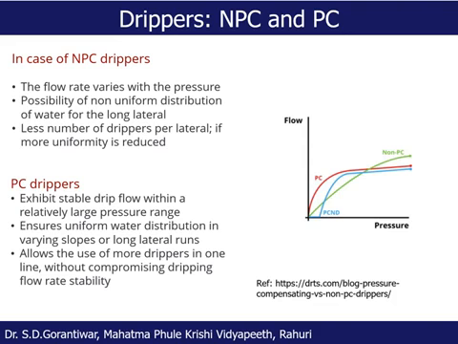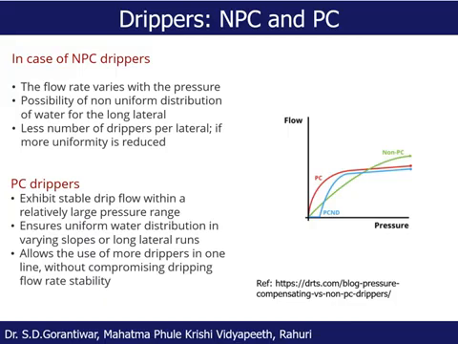That is, if the pressure varies, discharge also varies. Normally the emitters available in the market are non-pressure compensating, or NPC, kind of emitters, all kinds of emitters are NPC unless we refer to them specially as pressure compensating emitters.